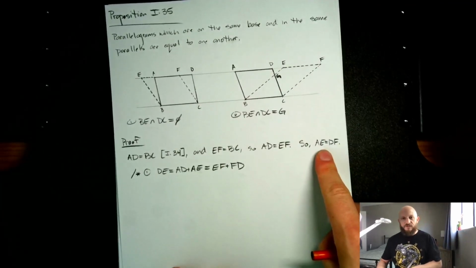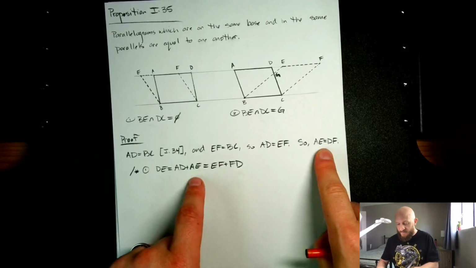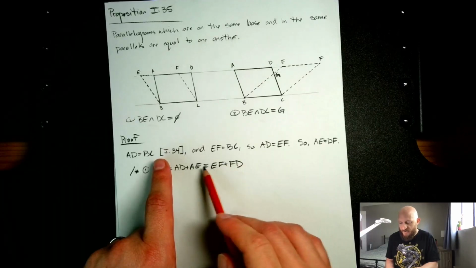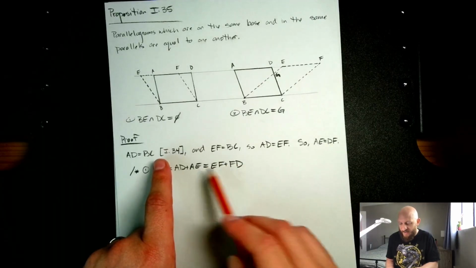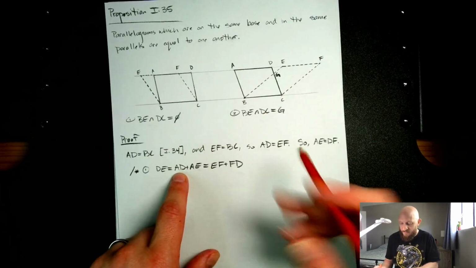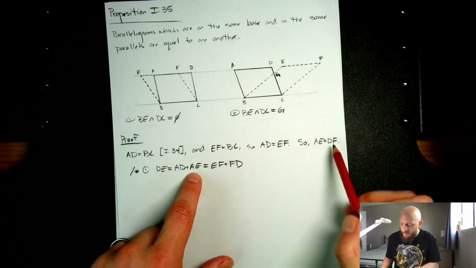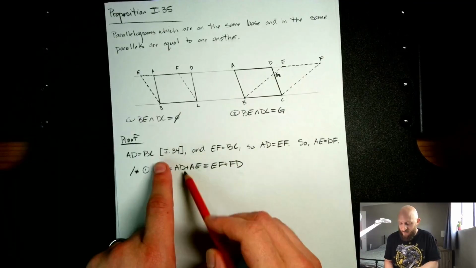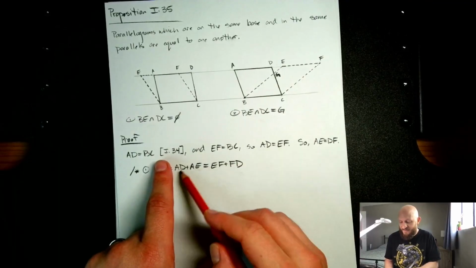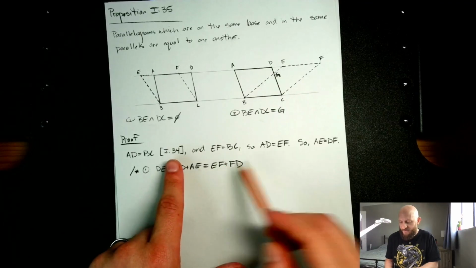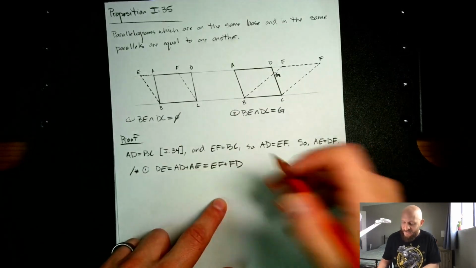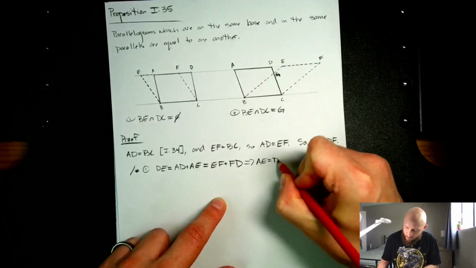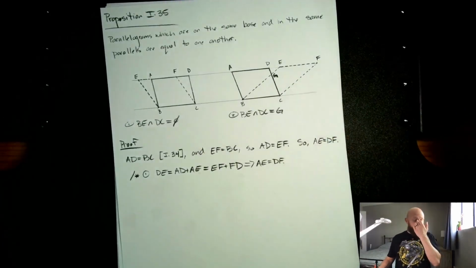And looking at this piece, what we had was AD equals EF, and that's the piece that we're subtracting off to get this conclusion that AE equals DF. Yeah, that's what we wanted. So that's how we prove it in diagram 1.